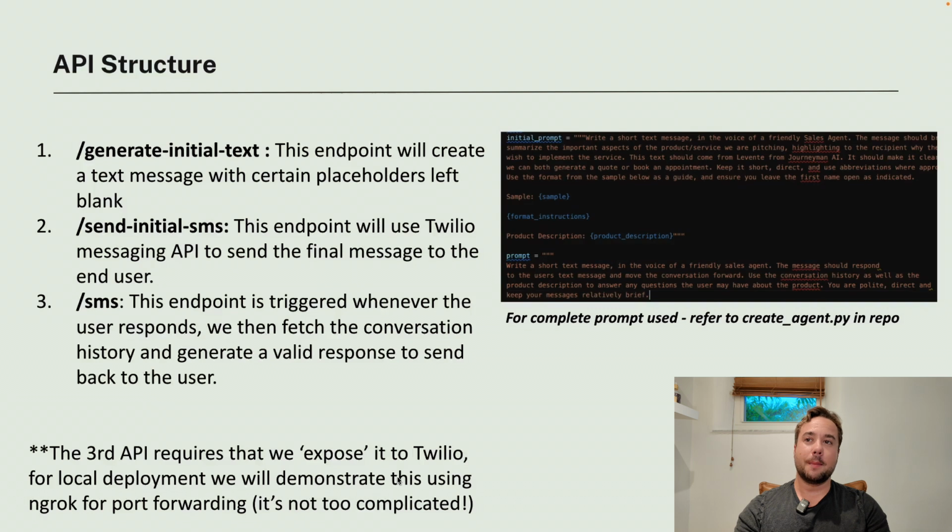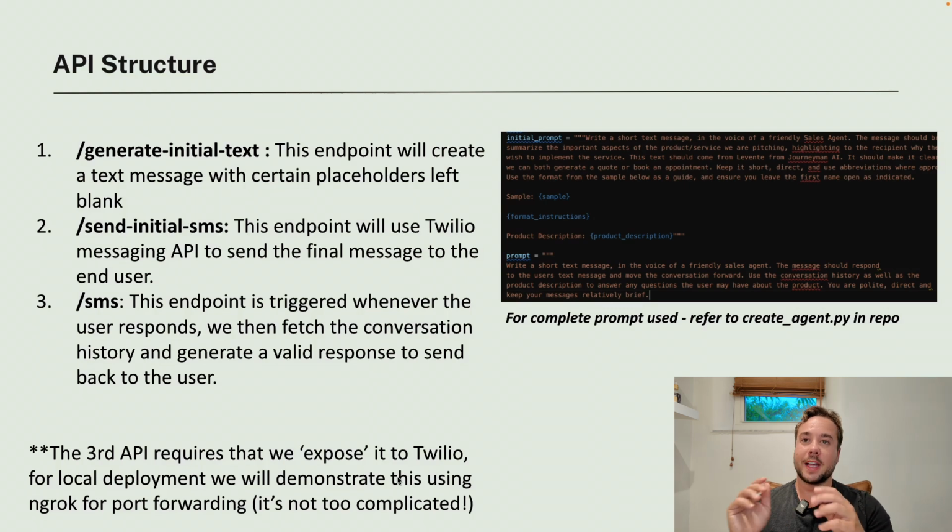So for the API structure, again, I said there's basically 3 services, and you could probably lump 1 and 2 together if you wanted. But basically, we have that generate initial text that is just leaving some placeholders empty for the name that you could fill in later. So it's basically generating a template that you can fill in with hard-coded user information.